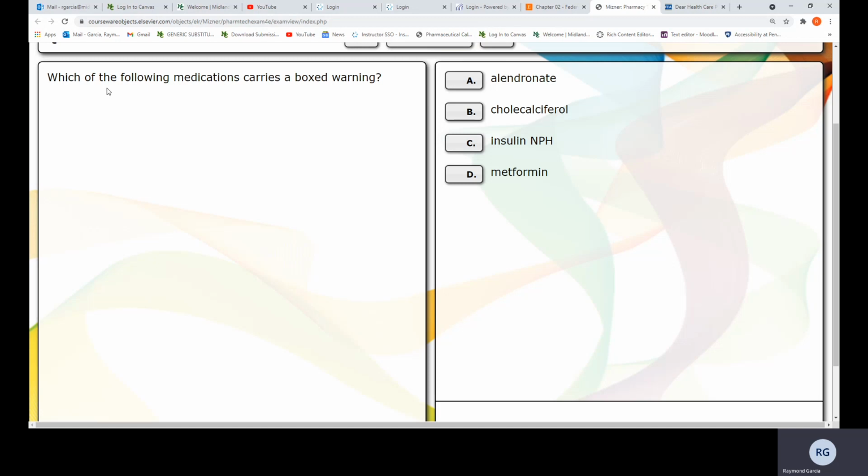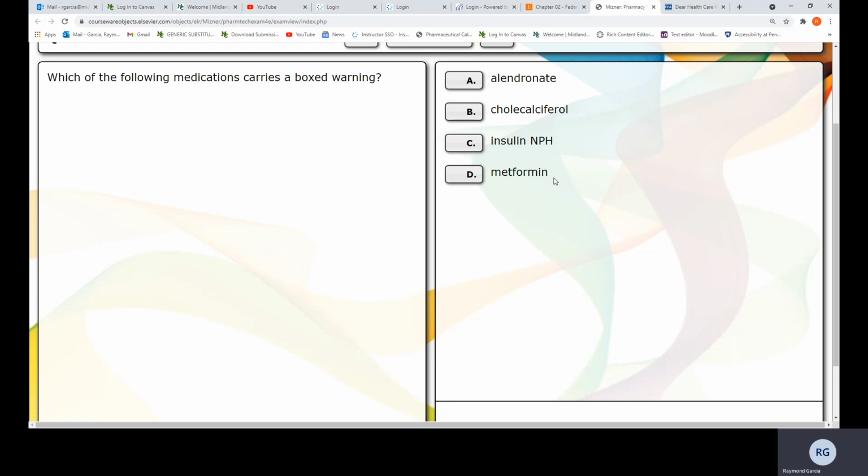Which of the following medications carries a boxed warning? Cholecalciferol, that's a vitamin, vitamin D3. Would insulin carry a boxed warning? Or would it be these other two oral medications?